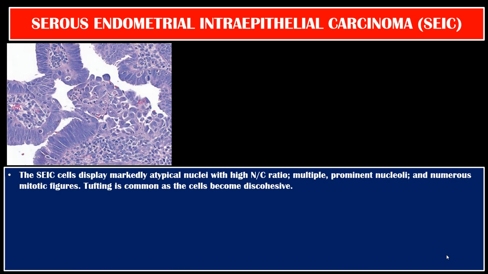The serous endometrial intraepithelial carcinoma cells display markedly atypical nuclei with high nuclear cytoplasmic ratio, multiple prominent nucleoli, and numerous mitotic figures. Tufting is common as the cells become discohesive.